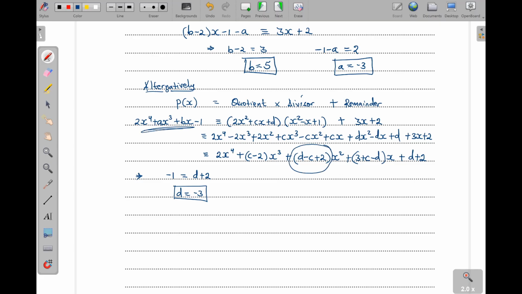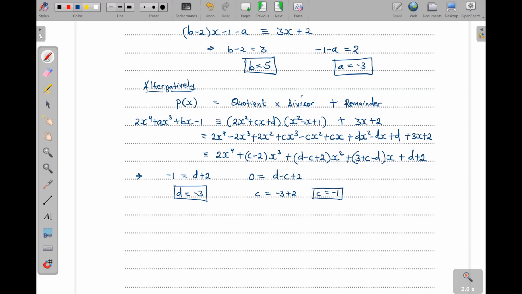Now, this side we don't have x squared. That means its coefficient is 0. So I'll get this 0 and I equate it to this one. We shall have d minus c plus 2 is equal to 0. Now, let me take the c this side to become positive. Our d is minus 3, then plus 2, meaning c is equal to minus 1.